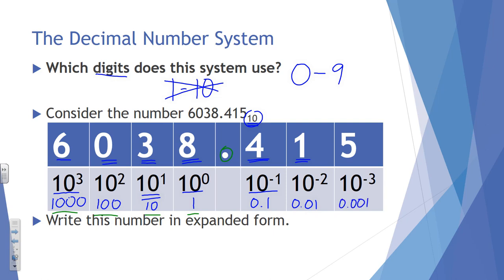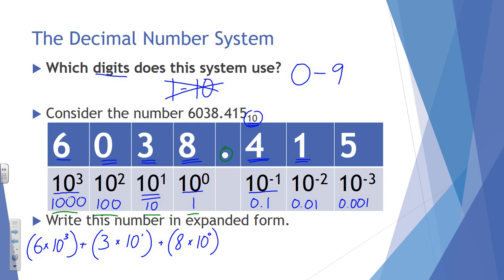So to write that number in expanded form, we're going to use a lot of parentheses here. We have 6 times 10 to the third, plus, we don't have any 10 to the second power, but we do have 3 times 10 to the first power. And then we have 8 ones, or 10 to the 0 power.